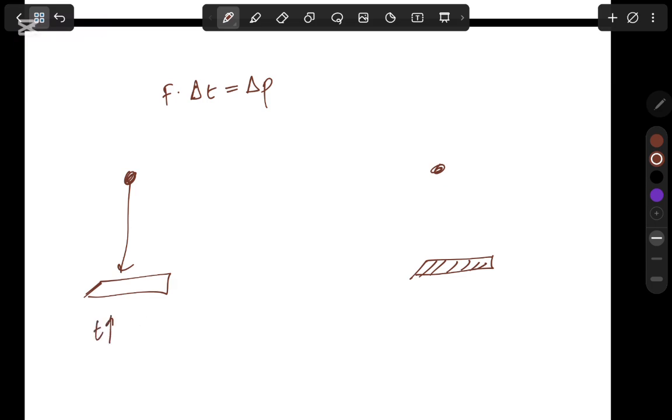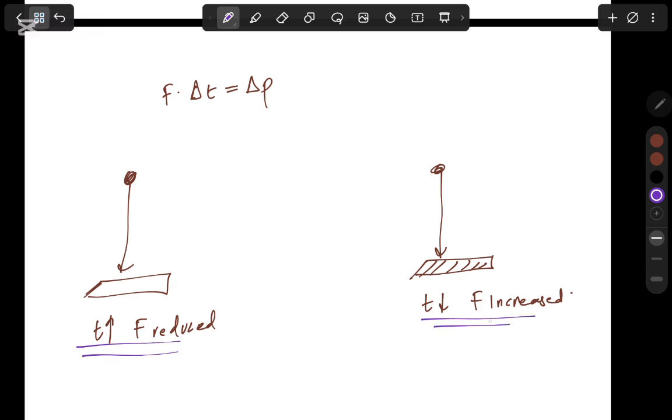So the force will be much more spread out and it will be reduced. And with the solid surface, it will instantly collide and in a very short amount of time, it will bounce off. So the time of contact or the impact time will be very less. So the force here will be increased. Okay, so these types of questions come up a lot.